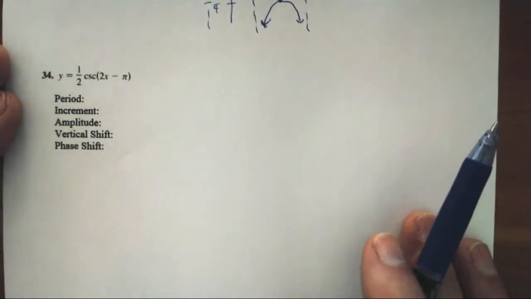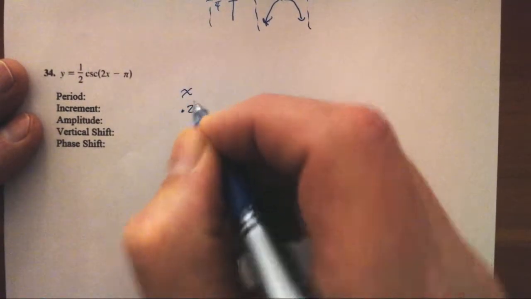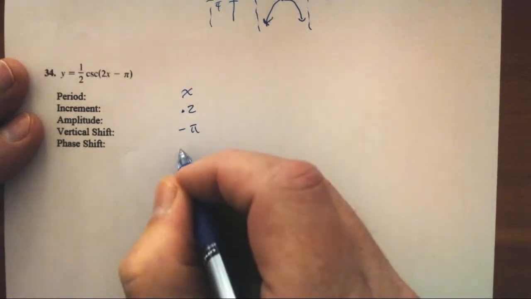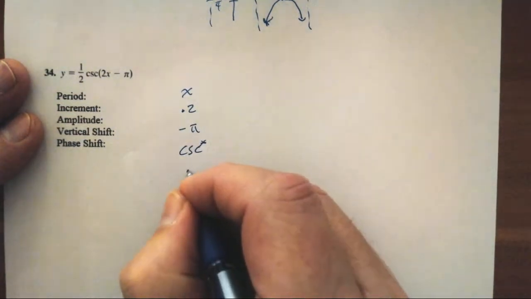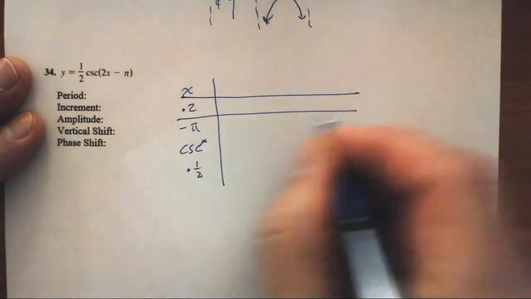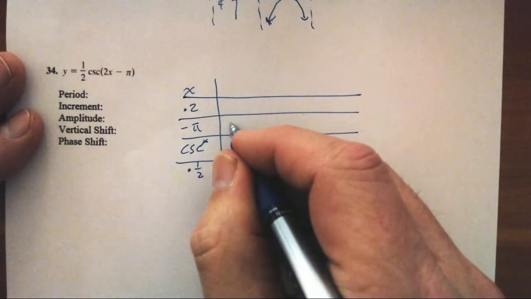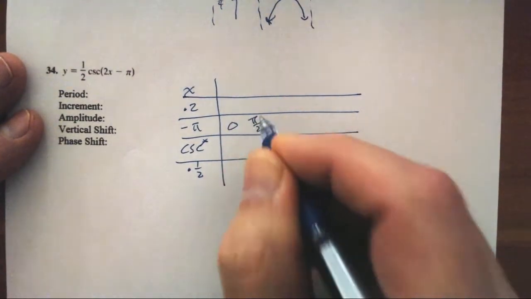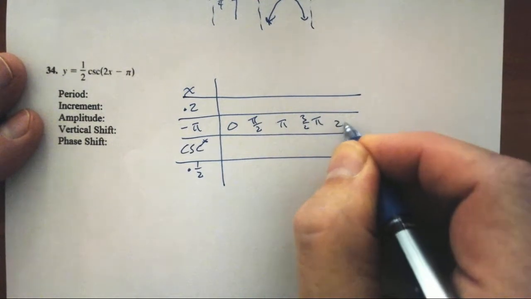And here's one that without a doubt I would stamp. So here we go. We're going to choose a value for x, multiply 2, subtract pi, take the cosecant, which I'm going to be thinking about sine, and multiply that by 1/2. The values I want to send into cosecant, just like sine, just like cosine: 0, pi on 2, pi, 3/2 pi, and 2 pi.